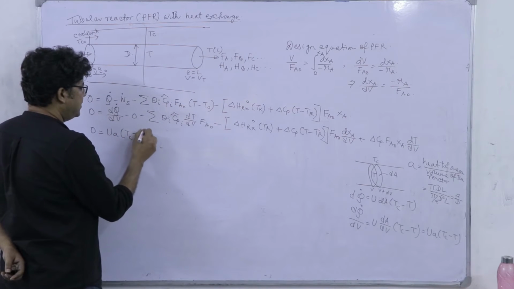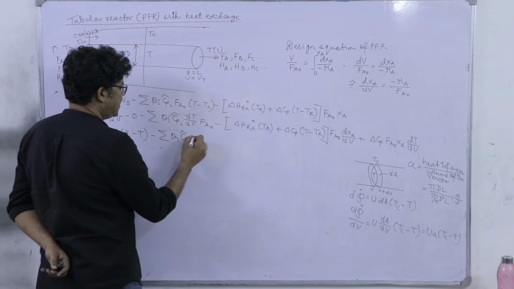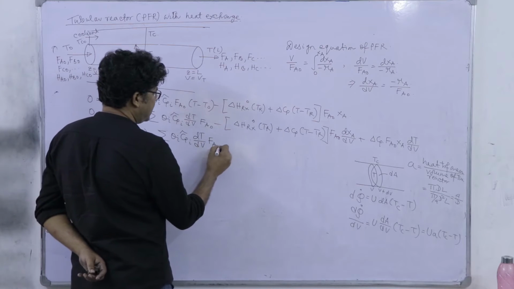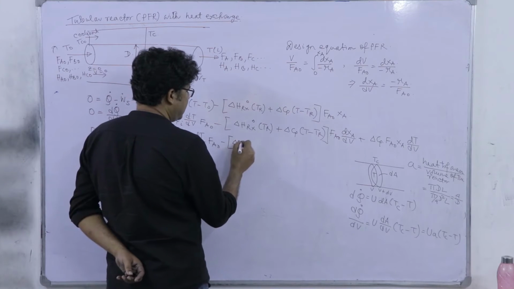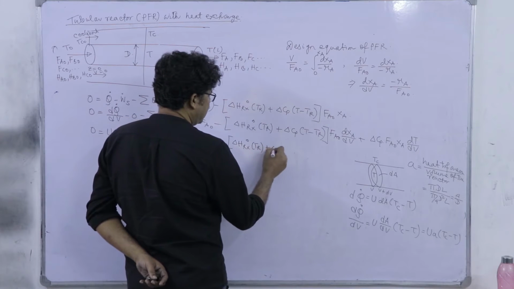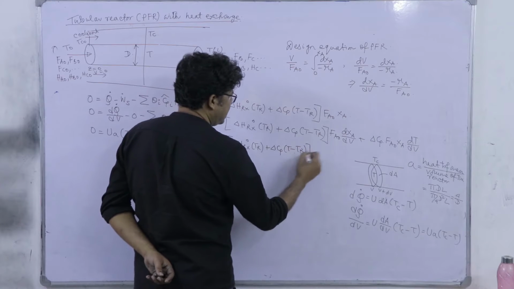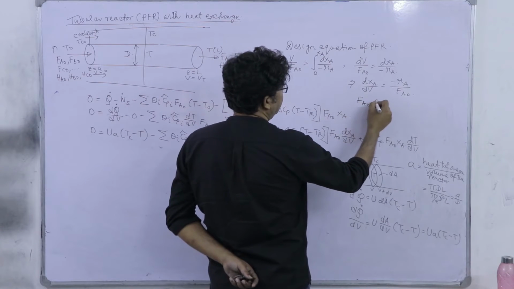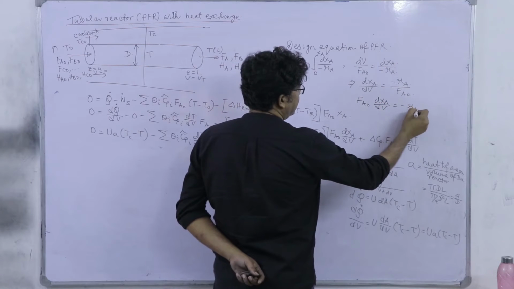So, if I replace it, we will get U into a (Tc minus T) minus summation theta I Cp I dT dV into Fa naught minus, here you see, [delta H Rx Tr plus del Cp (T minus Tr)] into Fa naught dXa dV. So, Fa naught into dXa dV becomes minus Ra.